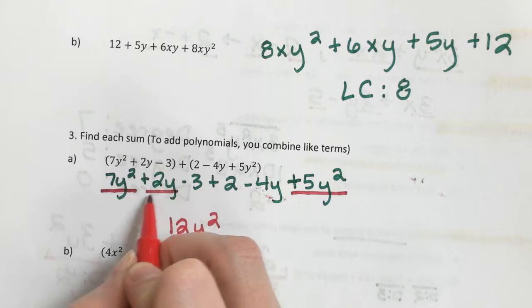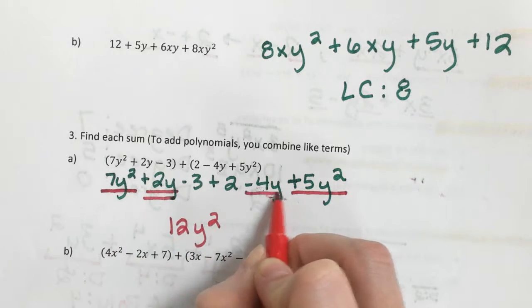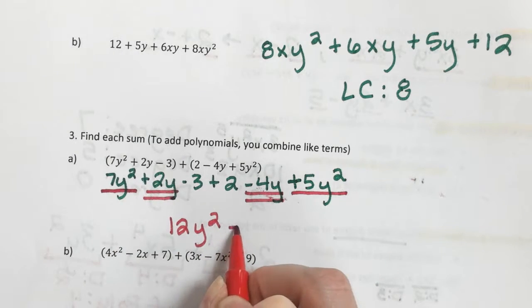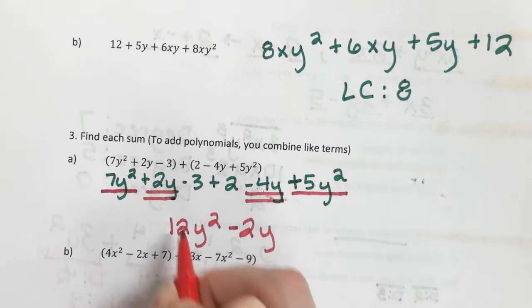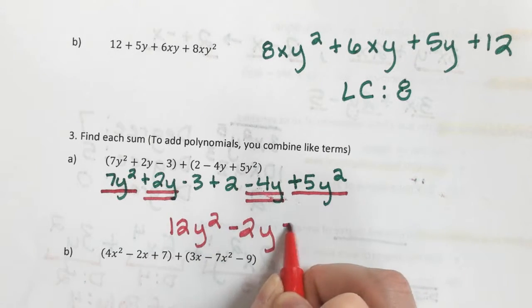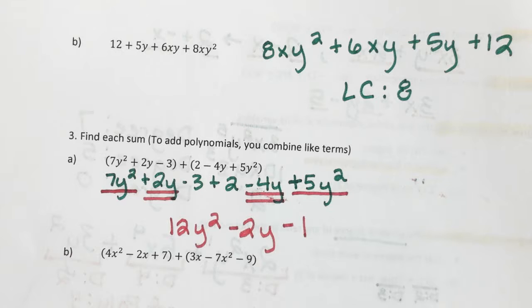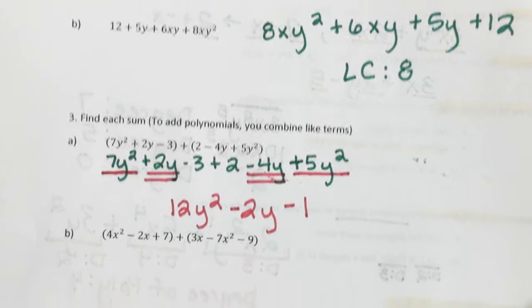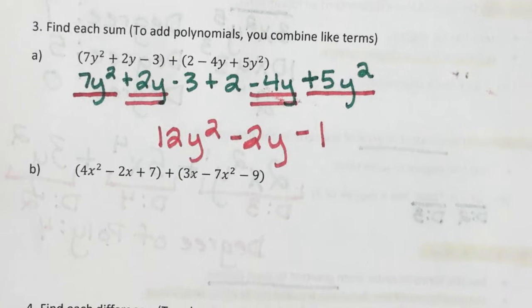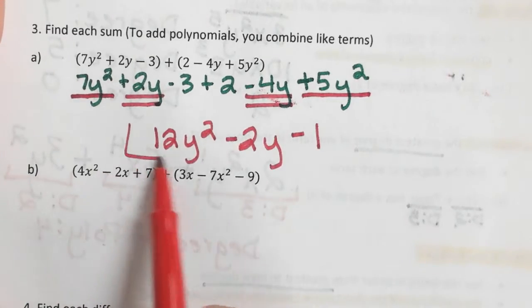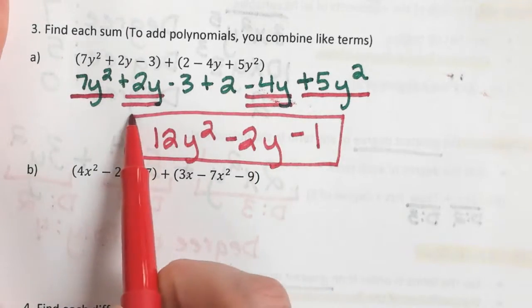Okay, then I have 2y minus 4y. And then negative 3 plus 2 gives me negative 1. Okay, see if you can do B. Yeah, this is my answer because I can't add any more like terms.